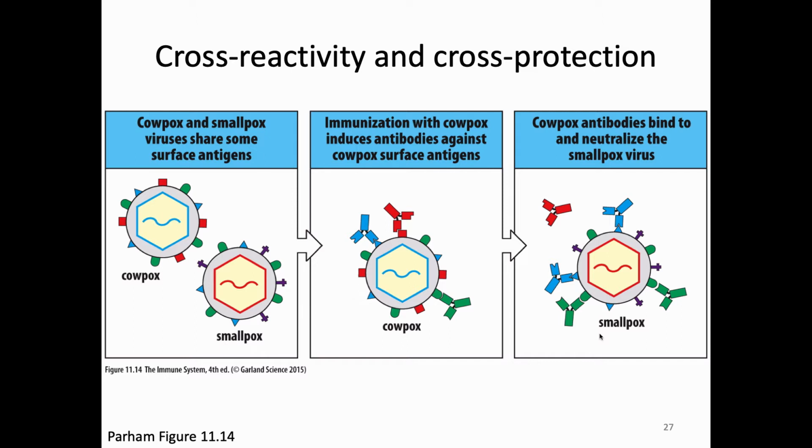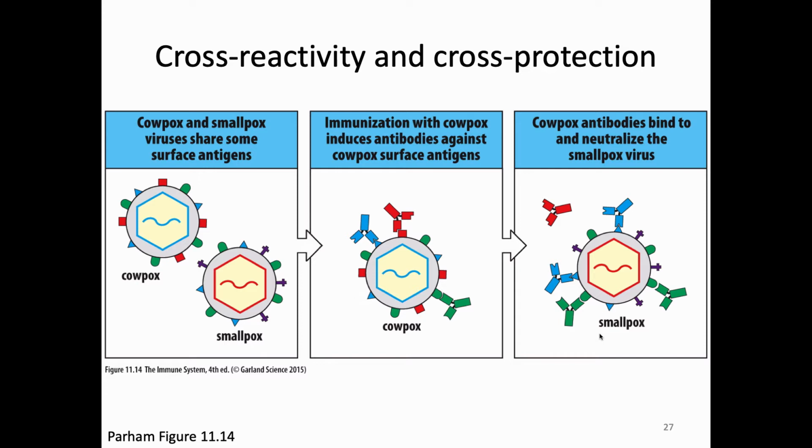In fact, the cowpox virus and the smallpox virus are quite closely related. You can see they have some proteins on their surface that are different from one another, and some that are the same. If you are infected with cowpox, you will make antibodies, as is shown here, and T cells, as are not shown here, that can react against those shared epitopes. And this will be something called cross-reactivity.